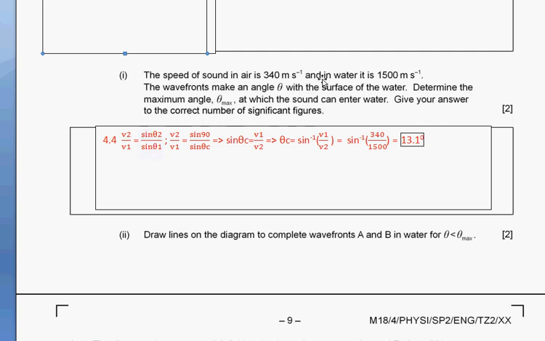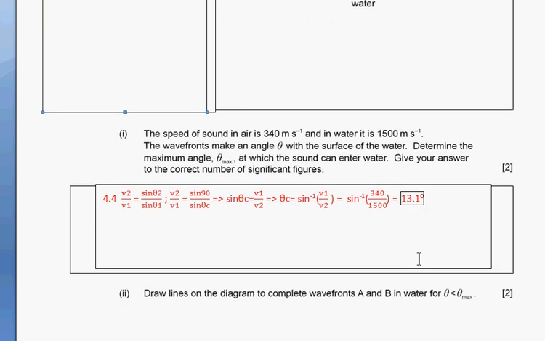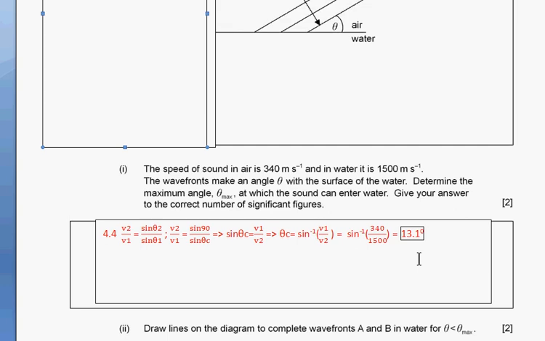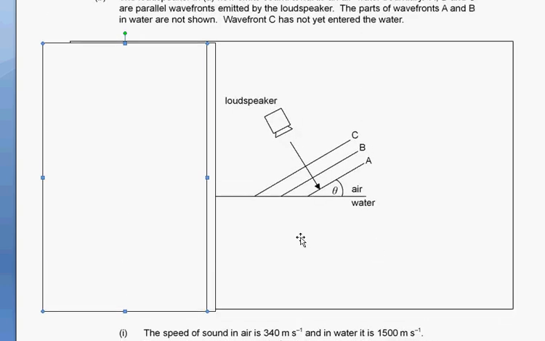If the angle in the second media is 90 degrees, sine becomes 1, and the sine of the angle, which is called the critical angle, is here 13.1 degrees. Draw lines on the diagram to complete wavefronts A and B for theta less than theta maximum or critical.